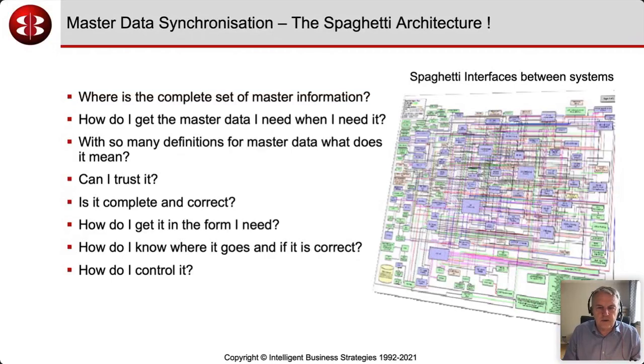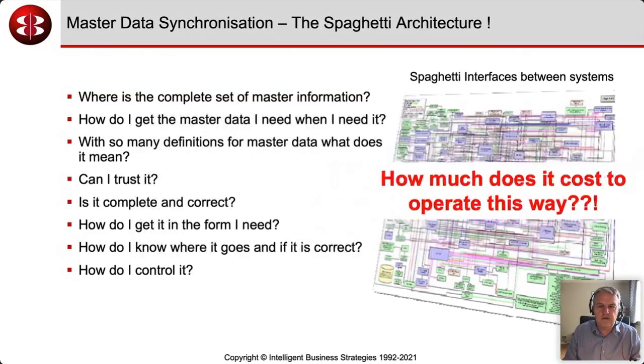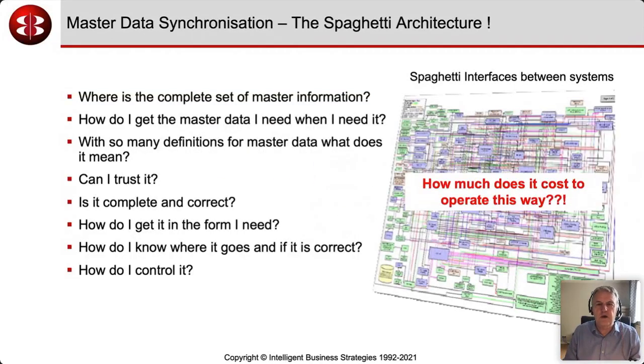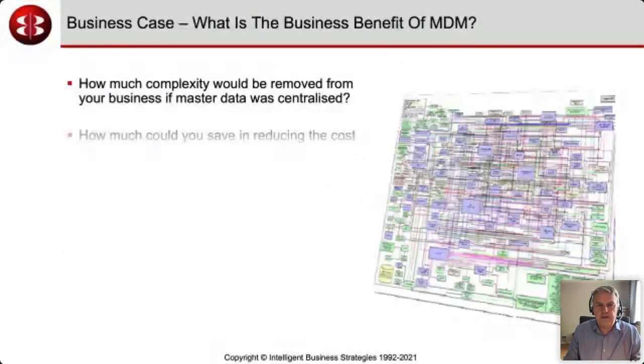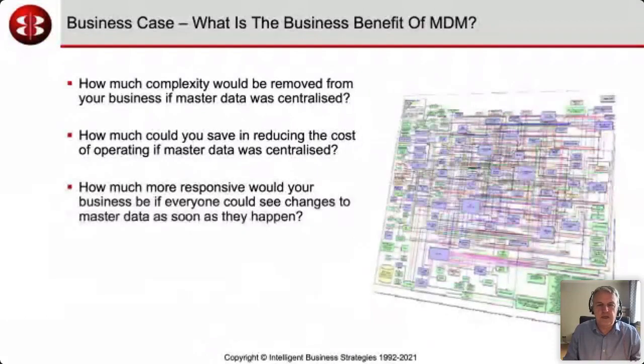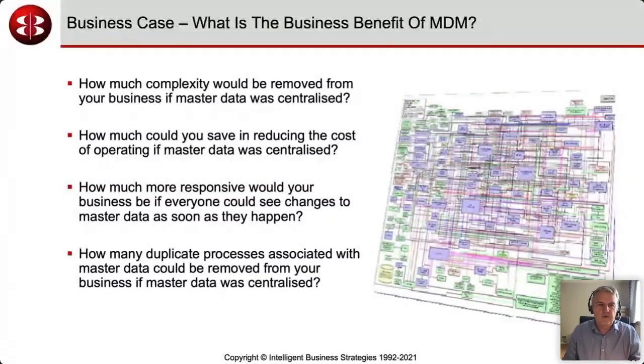All of these questions are out there, but the biggest question of all for me is how much does it cost your business to operate this way and run this huge spaghetti ball coming from inconsistent master data and trying to keep it synchronized across applications in a point-to-point manner? And if you think about it, if you had master data under control, how much complexity could you remove from all of this? How much operational cost could you remove from all of this?